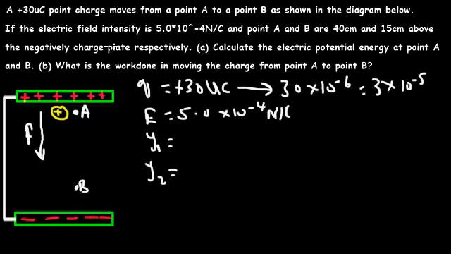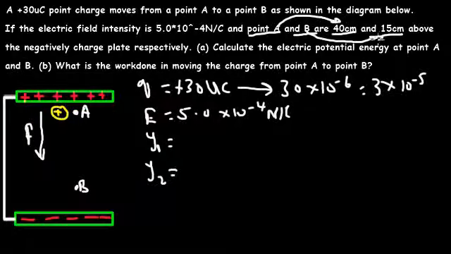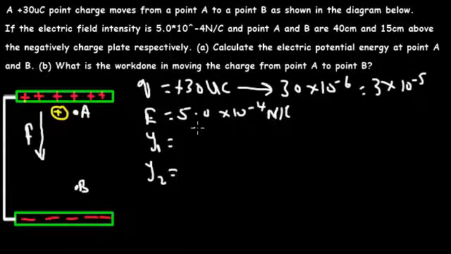What this means is that we have points A and B, and what comes after that is 40 centimeters and 15 centimeters. So it's A that owns the 40 and it's B that owns the 15. It's very important so that you won't be selecting the wrong value for the wrong parameter.